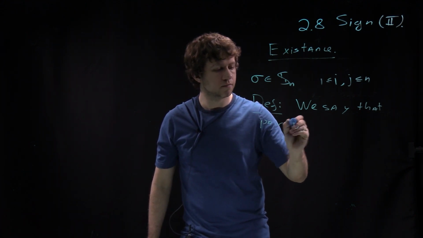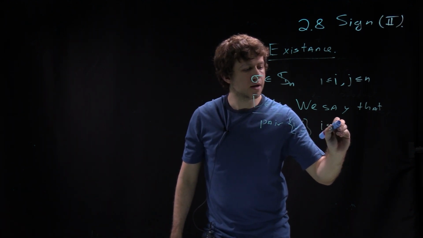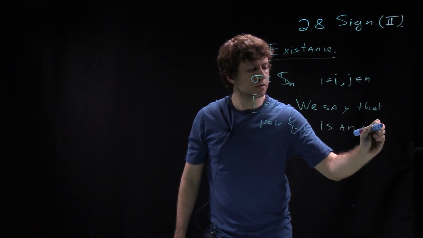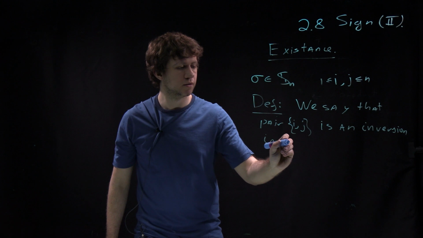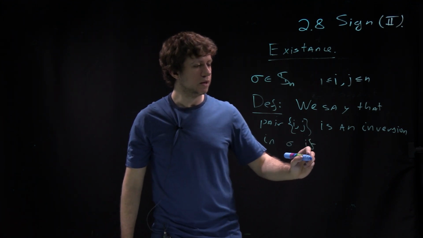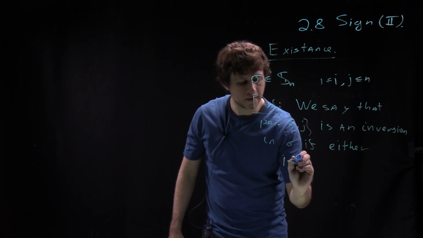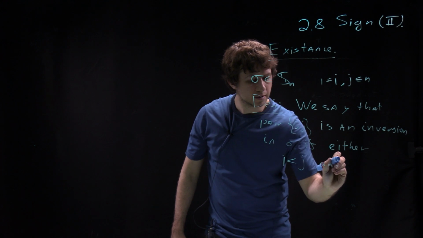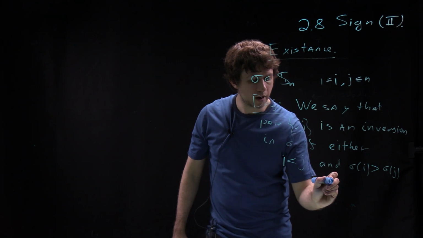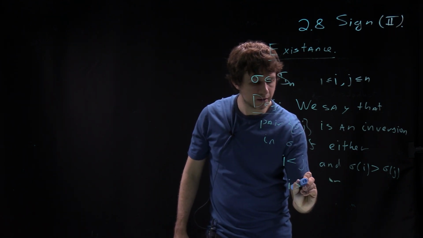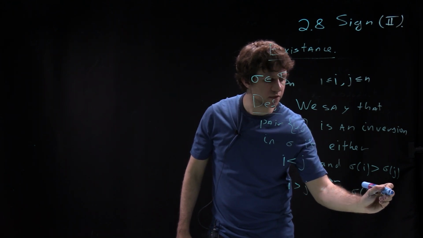i, j, I can maybe think of it as a set with two elements, i, j is an inversion for sigma, so in sigma, if either i is less than j and sigma of i is bigger than sigma of j, or i is bigger than j and sigma of i is less than sigma of j.